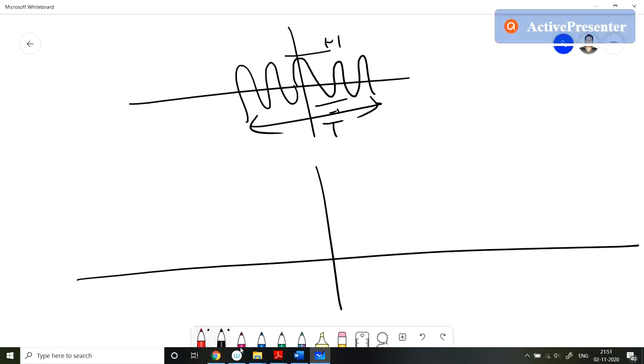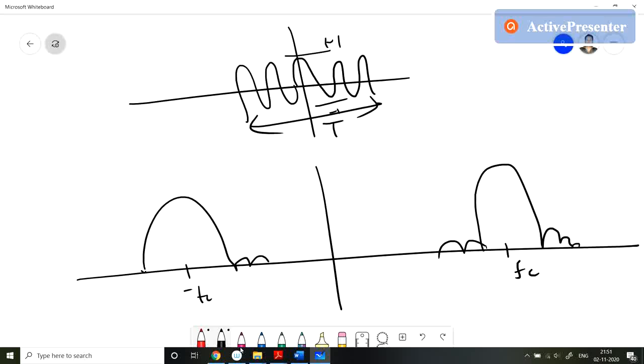Now we have shifted the spectrum to plus fc and minus fc. This is the amplitude spectrum, shifted at plus fc and minus fc.